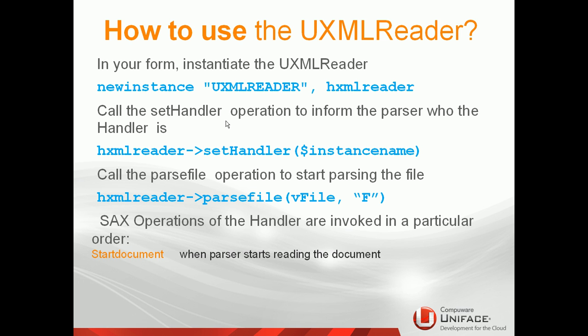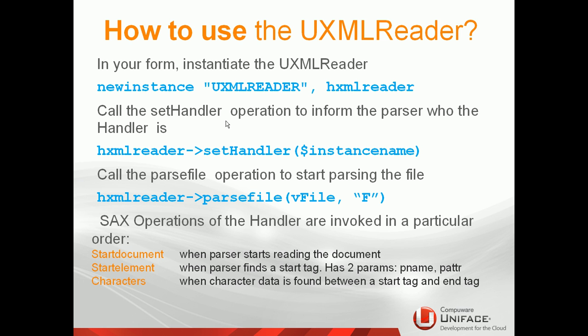The startDocument operation is activated when the parser starts reading the document. The startElement operation is activated when the parser finds a start tag. It has two in parameters, pname, which contains the name of the start element, and pattr, which contains a list with the attribute names and their values.